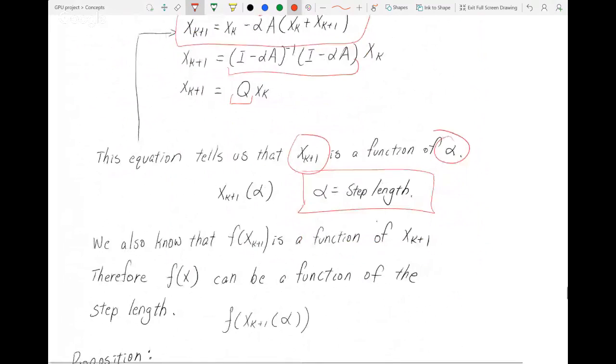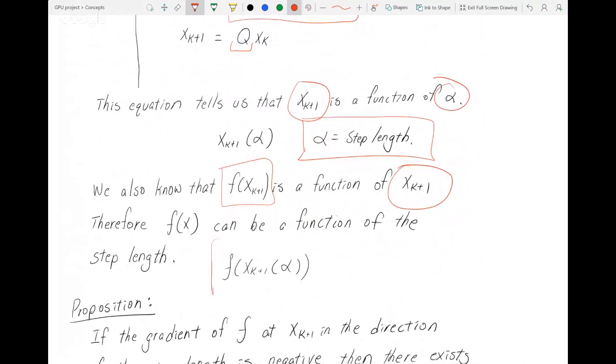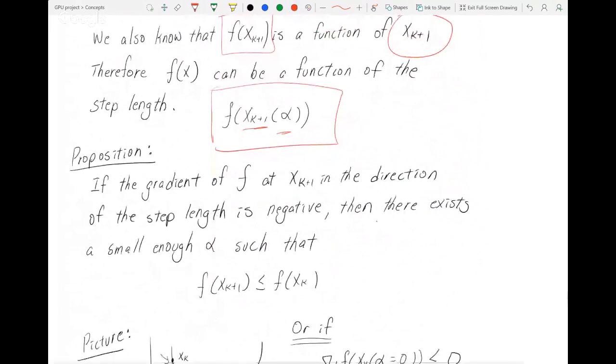We also know that f of xk plus 1 is a function of xk plus 1, obviously. And therefore, this function can also be written as f of k plus 1 of alpha. Now, if the gradient of the f at k plus 1 in the direction of the step length is negative, then there exists a small enough alpha such that this is true.